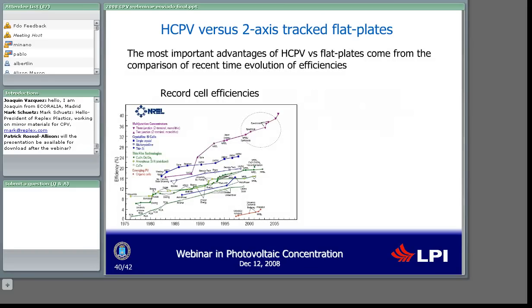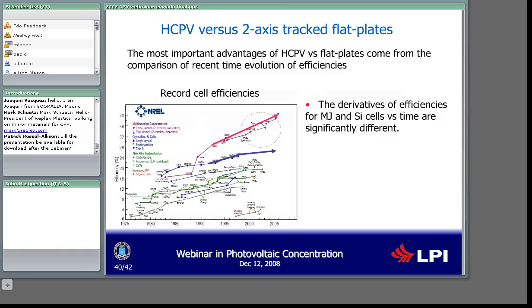And as mentioned before, the slopes of the efficiency are very different. In particular, there have been improvements even in the last year in cell efficiencies, at 1 cent for silicon.